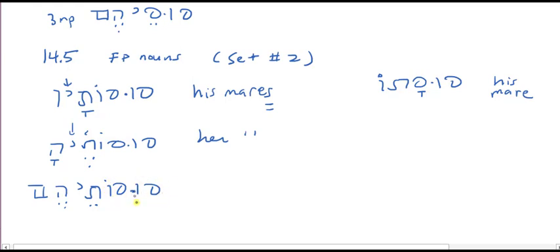And this is open and propretonic, but it can't reduce either because shurik is historically long and unchangeable. So I'm done. Su, so, te, hem. Four syllables. Nice long word. Four vowels. Su, so, te, hem. And the they is masculine, but what they have are plural and feminine. Their mares. All right?